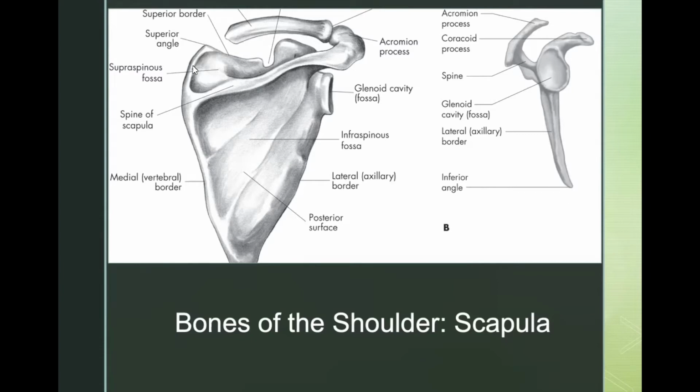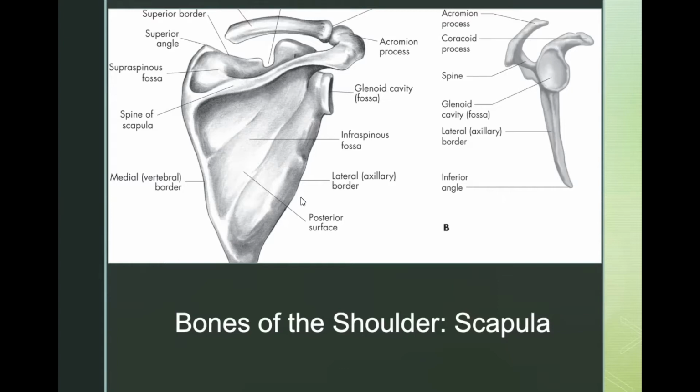And then we have the medial border of the scapula, the spine of the scapula, the supraspinatus fossa. Remember, that's where our supraspinatus muscle lives. And then this infraspinatus fossa, where the infraspinatus muscle attaches.